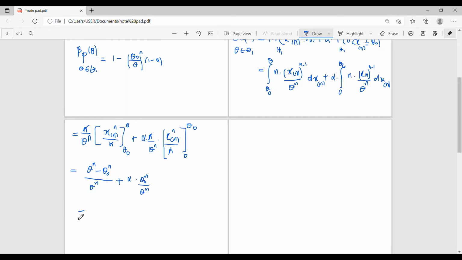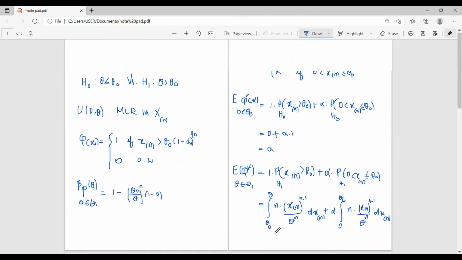We can take theta naught power n by theta power n common, which is equal to 1 minus theta naught by theta power n into 1 minus alpha. So this is the power of the test function phi star of x.